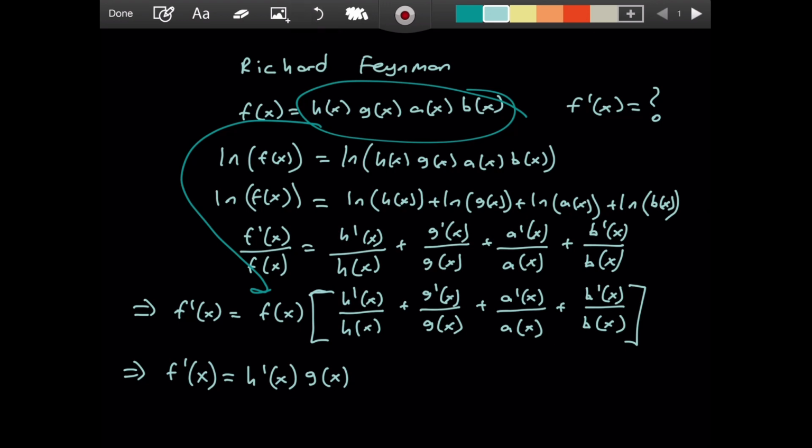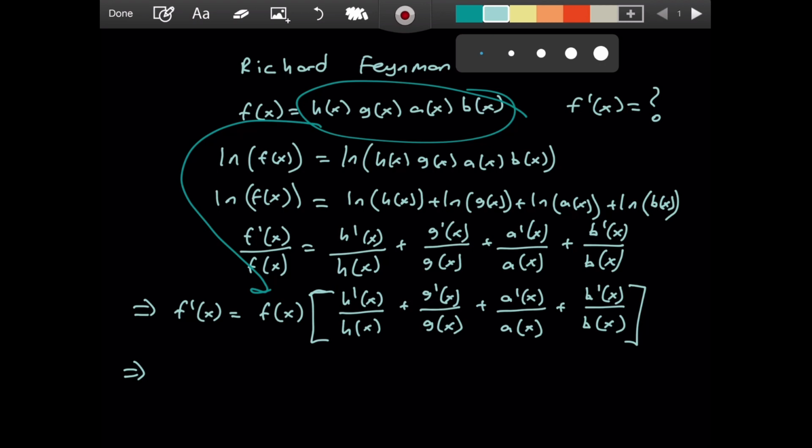So in fact, what we have then is h prime of x, g of x plus, well, I hope it is okay with you guys if I don't put x, okay? Let's think that it is implied that they are functions of x, but to have enough space, I will avoid putting x. So f prime is then, and as I said, there is an x here, even though I don't write it. We are implying that these are all functions of x.